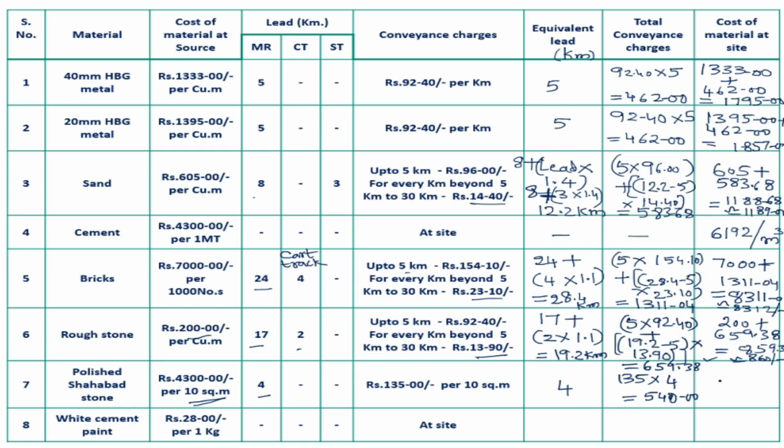Total cost of polished shabad stone at site is equal to 4,300 plus 540 rupees, 4,840 rupees. And white cement paint: cost of the white cement paint at site is 28 rupees, and the lead is 0. Directly we can get this to site at a price of 28 rupees per kg.